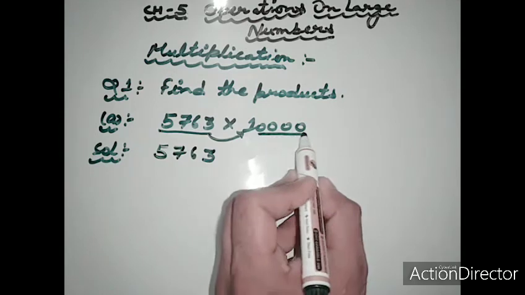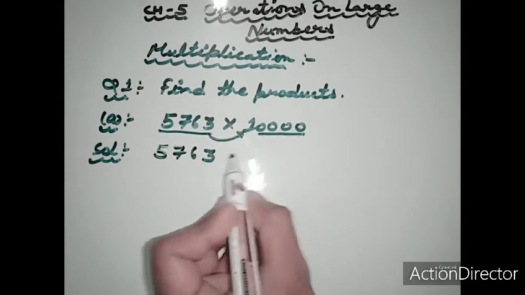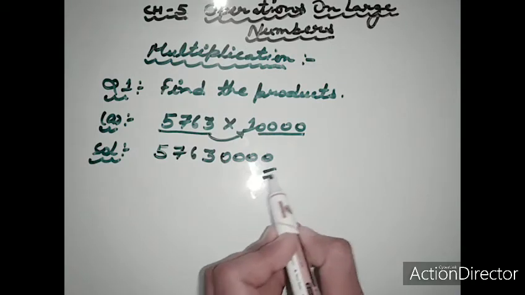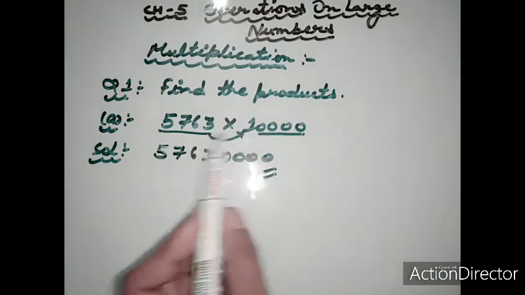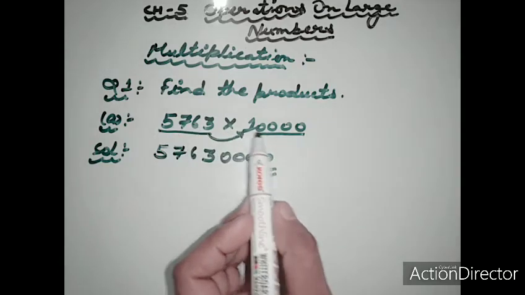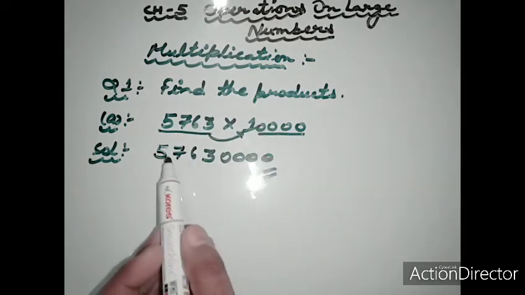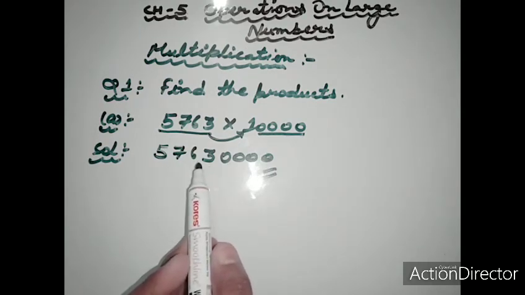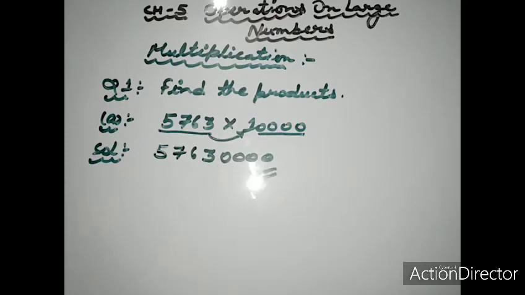And after that we put a total of 1 2 3 4 zeros. So here we get the product of these two numbers: 5763 multiplied by 10,000, we get the product 5,76,30,000.